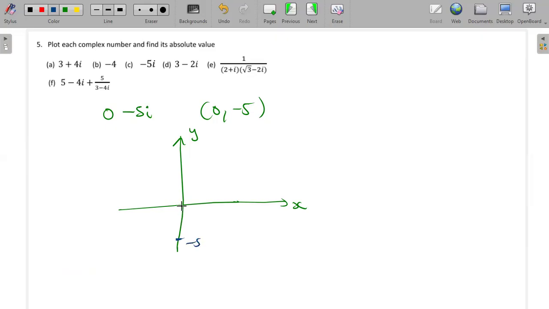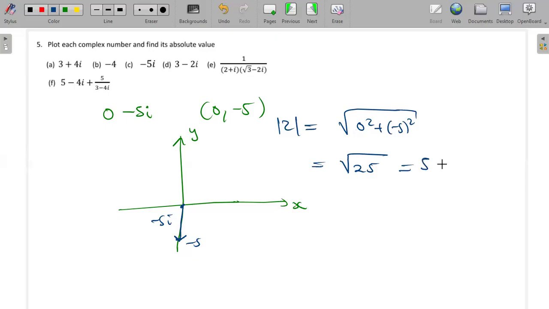So you're moving from 0 here to there, and you draw a line there, and then that is your -5i. Then you say, again, the absolute value there is going to be 0 squared plus -5 squared, which is just going to give us 25, which is just giving us 5. So that is how we do it. Next.